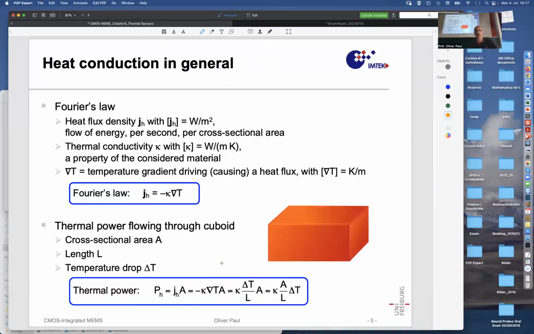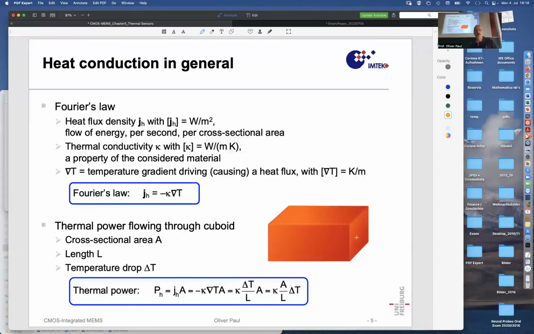Thermal conduction or heat conduction is an absolutely fundamental phenomenon. In all those devices, you always have materials involved, and then parts of the sensor are hotter than other parts. This is symbolized by this very generic block of material that is lighter red, hotter, and darker red, less hot on the other side.